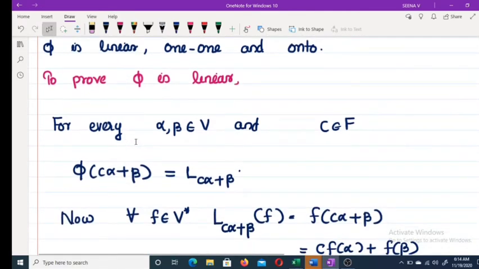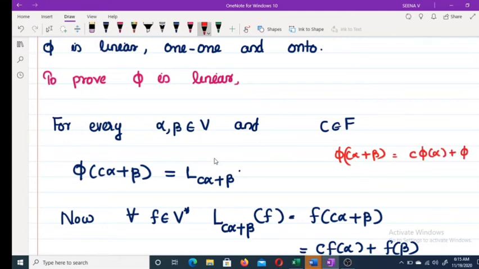You take some elements alpha, beta belonging to V and c belonging to F. Now what is phi of c alpha plus beta? This is equal to L of c alpha plus beta. To prove this is linear, we have to prove phi of c alpha plus beta equals c into phi alpha plus phi beta.